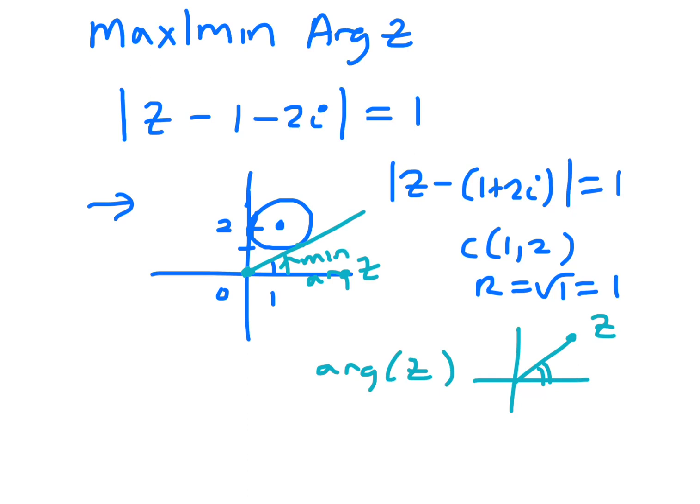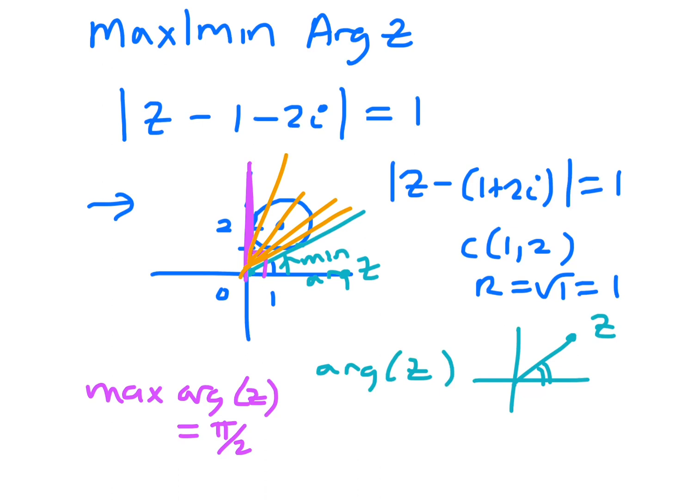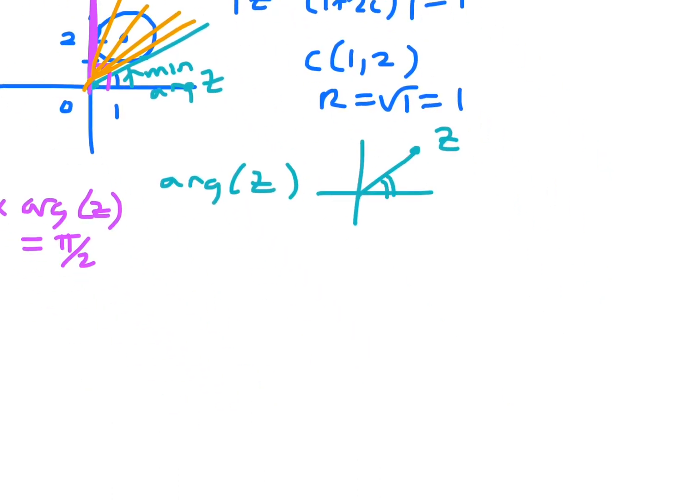And if we want the maximum of arg z, in this question, the maximum of arg z is actually pi on 2, or 90, because that's the biggest value the angle could take. Because what's actually happening here is, as z moves on that circle, it takes different angles. We've got the maximum. Let's just look at the minimum now.